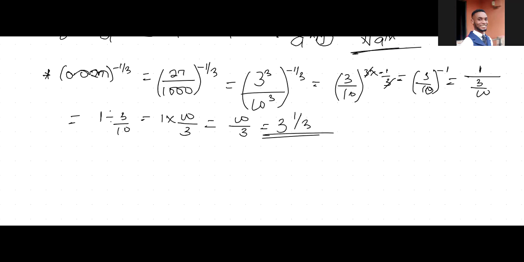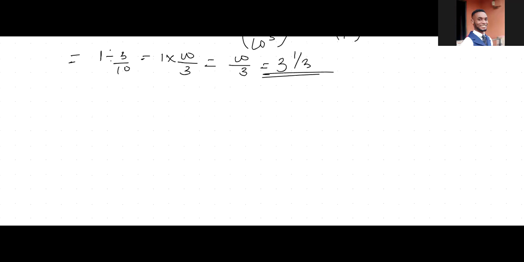Let's take another example. Let's say that you have 125 into -1/3, then times 64 into 1/3, then times 81 raised to the power of 0.